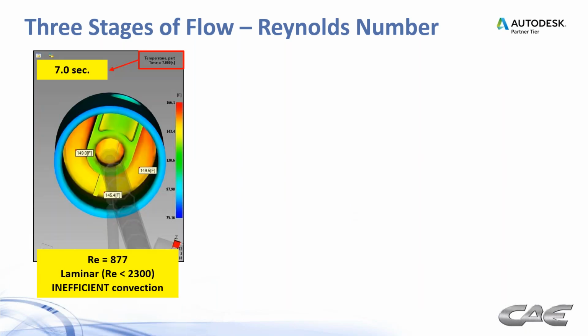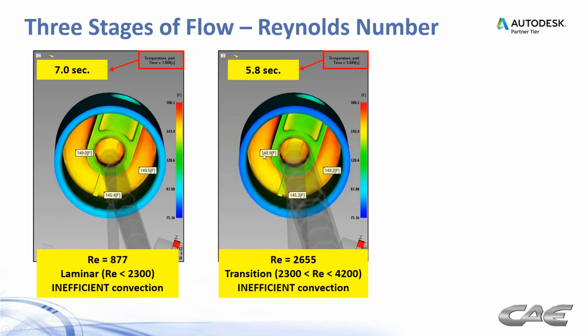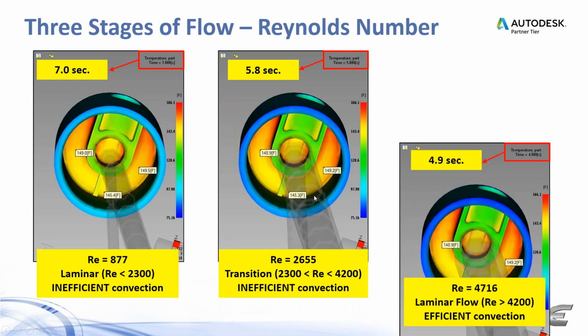So how does this impact cycle? In the laminar case, it took us 7 seconds to get to the temperatures we wanted. When we match those temperatures with a condition where we are in the transition region between laminar and turbulent, we dropped that down to 5.8 seconds. Nice gain.